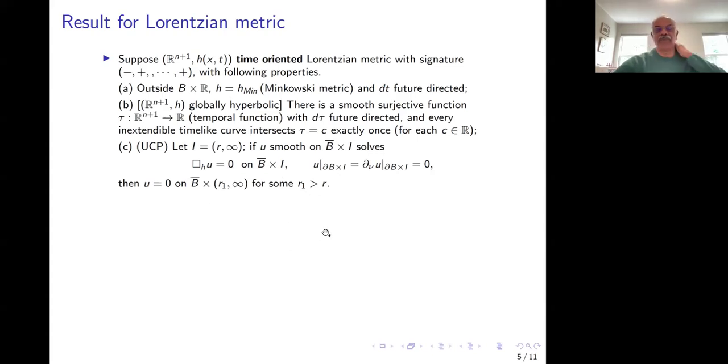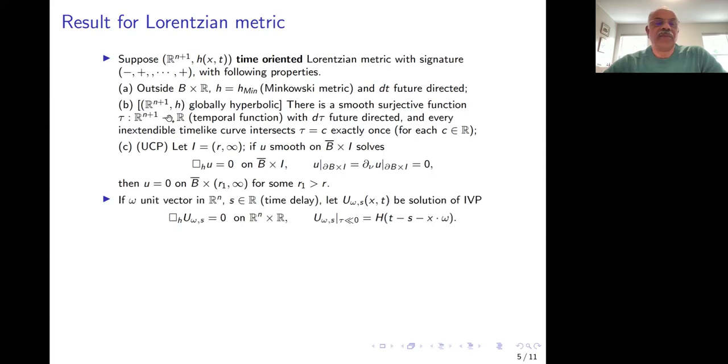So we need some way to go from the outside to the inside over some time interval, but a semi-infinite time interval. So we are going to assume that our Lorentzian metric is Minkowski outside and future directed, is globally hyperbolic, and has this unique continuation property over semi-infinite intervals.